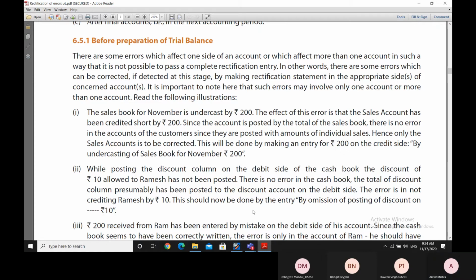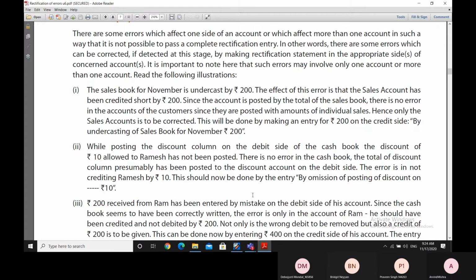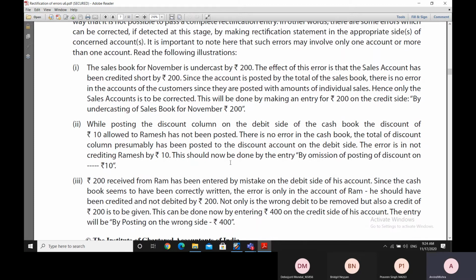So we will make the correction here, and make an entry by omission of posting of discount on rupees 10. We'll make this entry which was not made earlier.